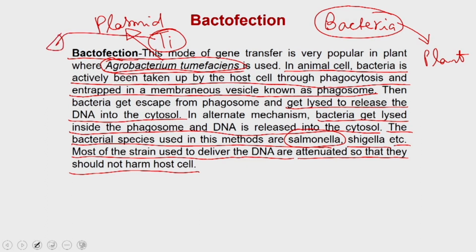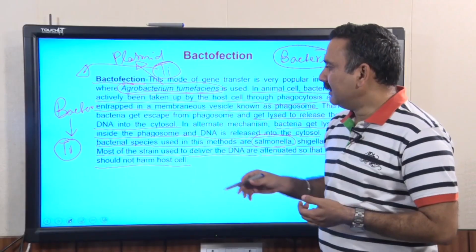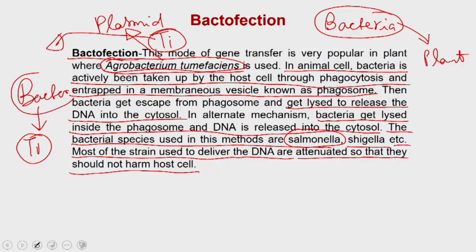As a result you have bacteria which contain the Ti plasmid, which is not the natural Ti plasmid but the recombinant Ti plasmid containing your recombinant gene, and then this bacteria is used for infection of the plant.